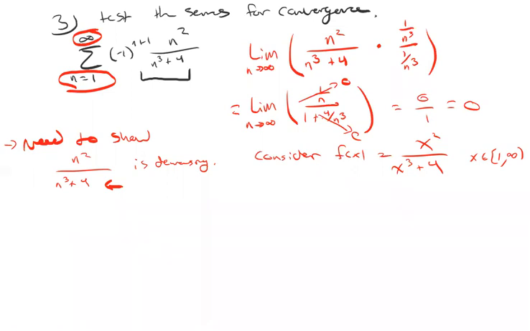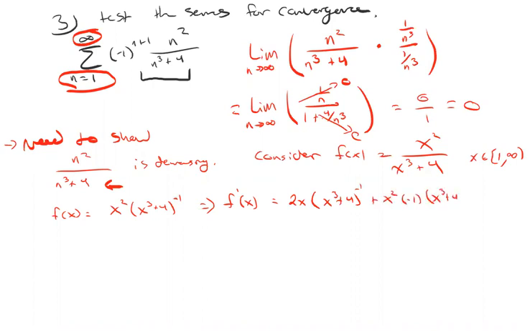All right, so let's rewrite f of x in a little more calculus-friendly form and then differentiate. So f prime of x is 2x times x cubed plus 4 to the negative 1, plus x squared, bring the power down, x cubed plus 4, reduce the power by 1, and then multiply by the derivative of this because of chain rule.